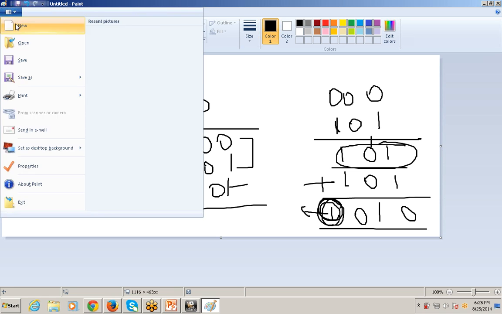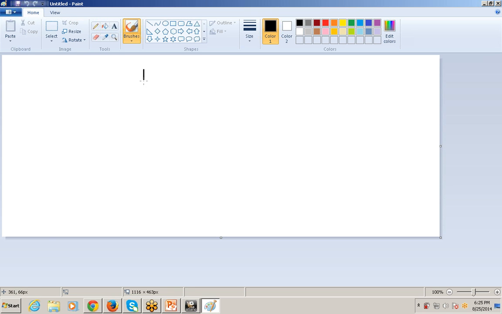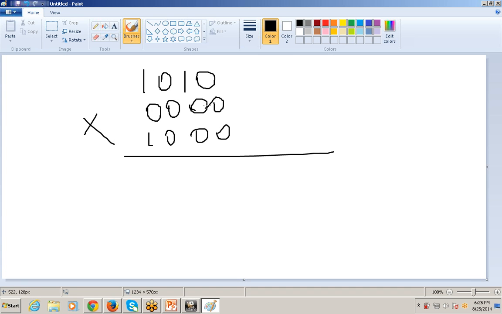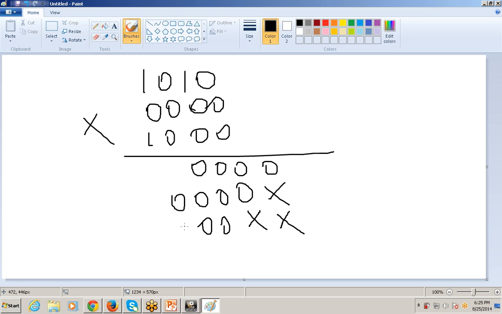Let's take another example. Suppose there are 4 numbers, 1011 and 0010 with 4 bits. Suppose I have to multiply these numbers. So first of all use 0, these are the 4 zeros. Then use another 0, these are the 4 zeros. Then use another 0, these are zeros.